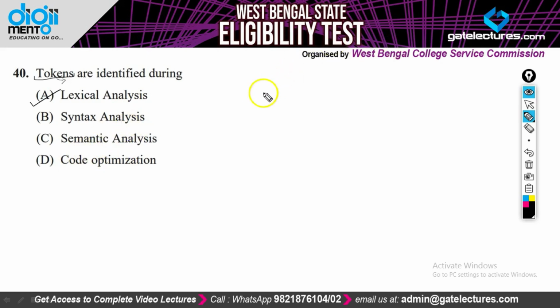Okay. So tokens, just think of it like I have a print statement. printf("hello"). So how many tokens are there? Number of tokens here are 1, 1, 2.